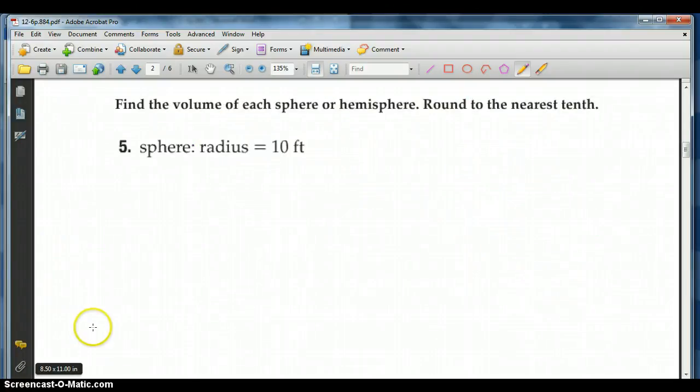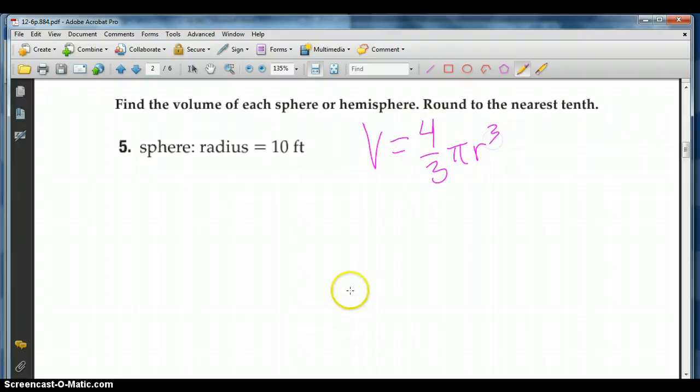For number 5, now we want to find the volume of the sphere or hemisphere. So the volume of a sphere with a radius of 10 feet. So our formula for volume of a sphere is 4/3 pi r cubed. So in this case our volume is equal to 4/3 times pi times 10 cubed.